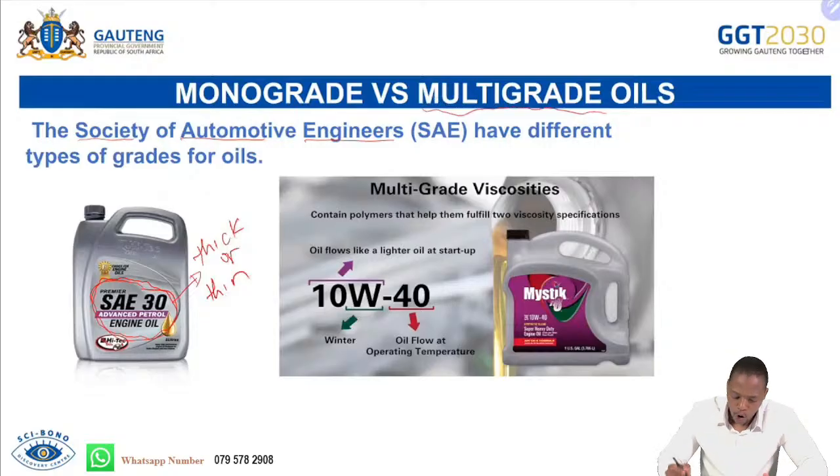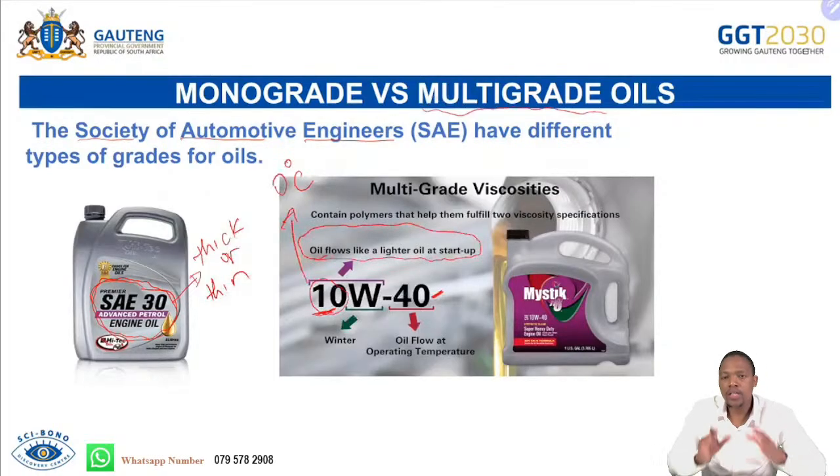A multigrade oil will act as a viscosity of 10, or it can act as a viscosity of 40, like this one, 10W40. So when does it act as a viscosity of 10? It acts as a viscosity of 10 at a temperature of 0 degrees Celsius, meaning at cold temperatures. At cold temperatures, this oil flows lighter at startup.